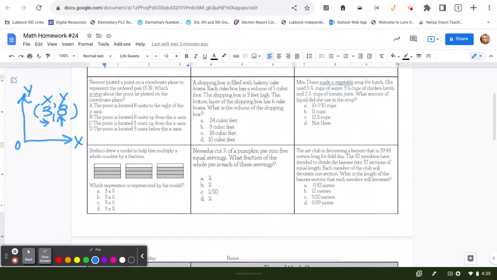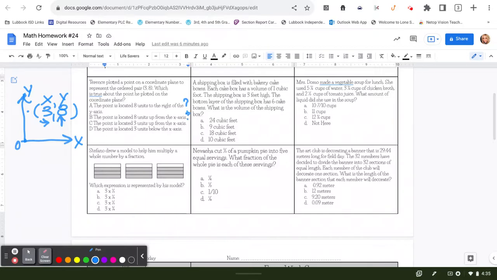A, the point is located 8 units to the right of the y-axis. Let's come back to that one. The point is located 8 units up from the x-axis. So 8 units up from the x-axis.